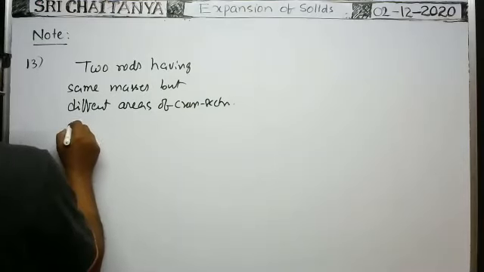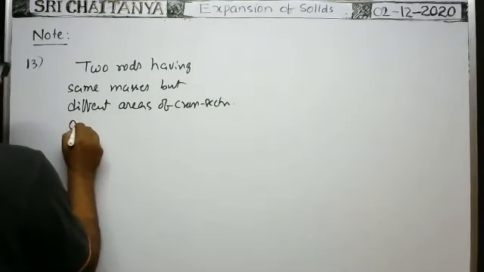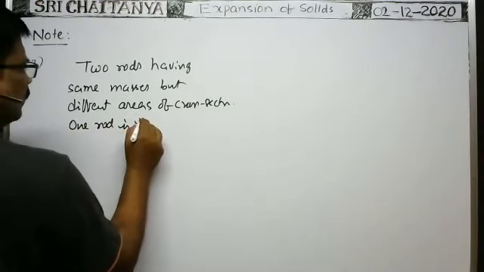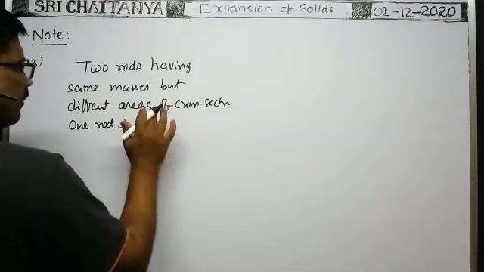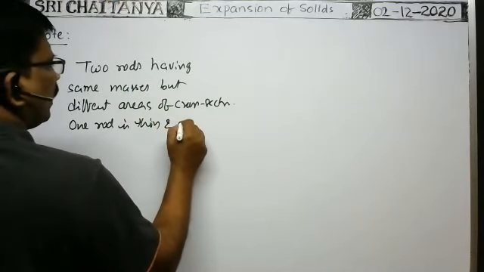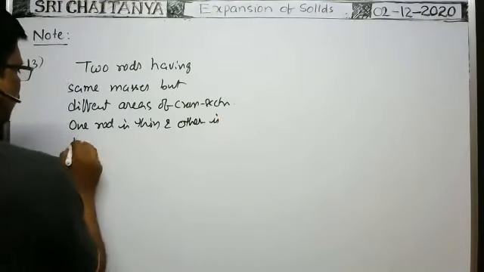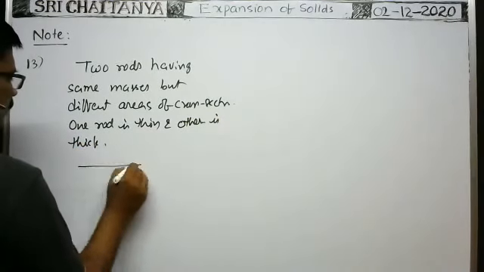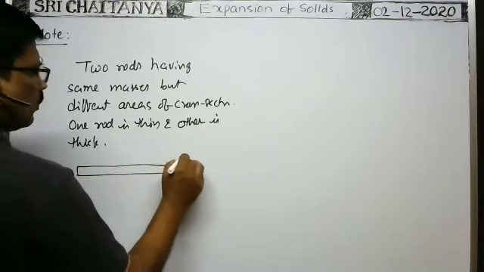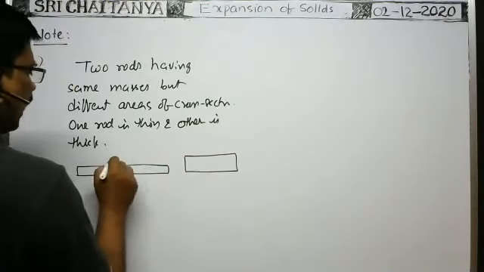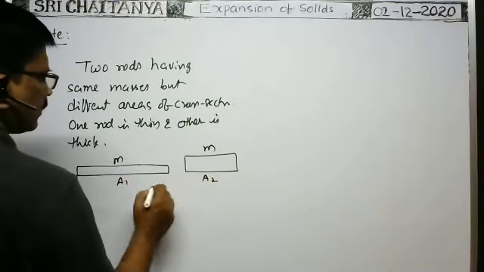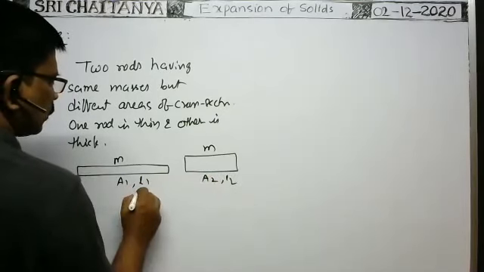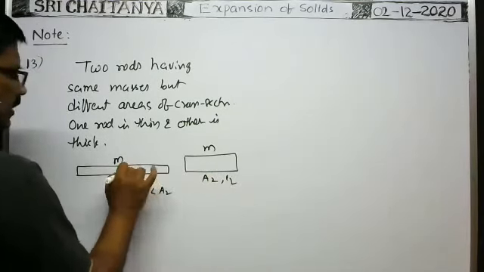One rod is thin and the other is thick, since the rod having less area of cross section is thin. This is one rod, this is the other rod, having the same masses M, but area of cross section A1 here and A2 there, length L1 here and length L2 there. So the area of cross section of the first one is less than this one.